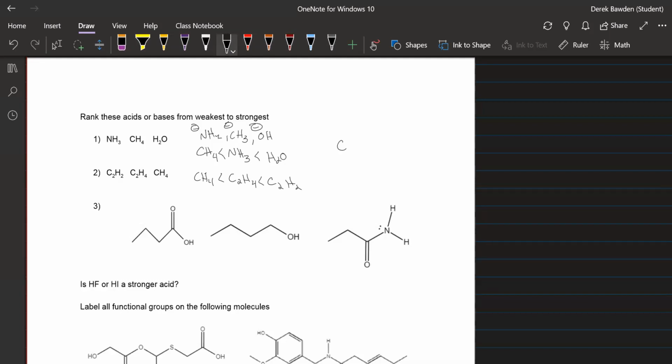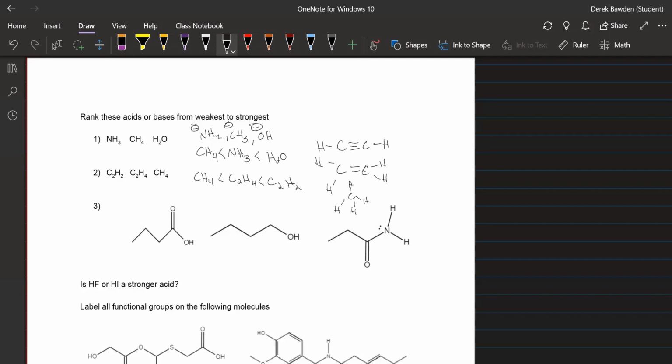C2H2 is going to be a triple bond. C2H4 is going to be a double bond. And then CH4 is obviously something like that, right?